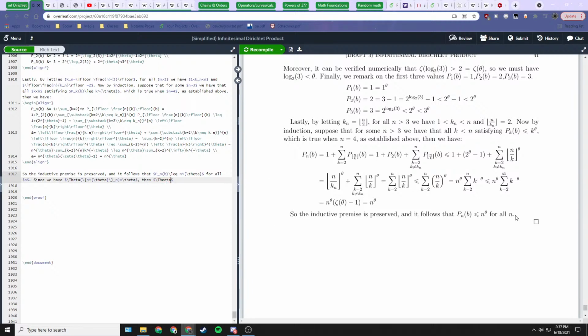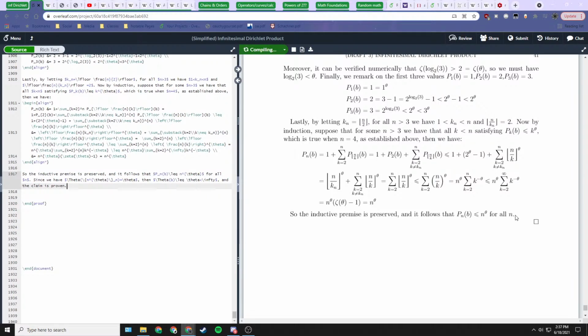Then capital theta of b is less than or equal to theta, which is strictly less than infinity. And the claim is proven.